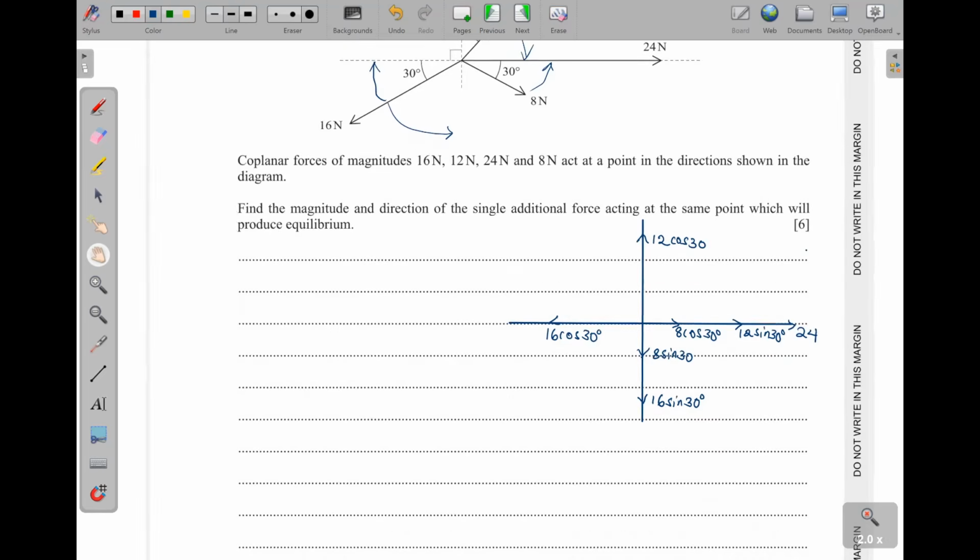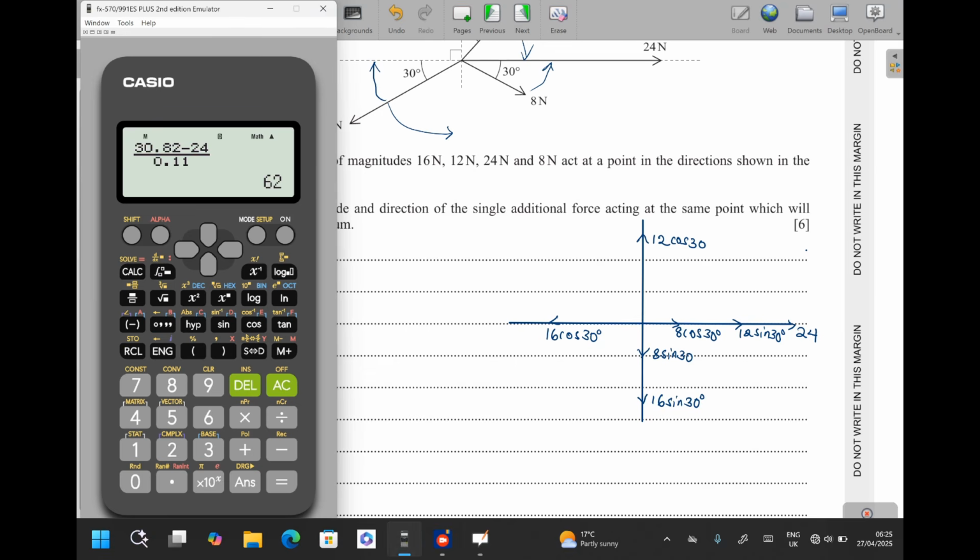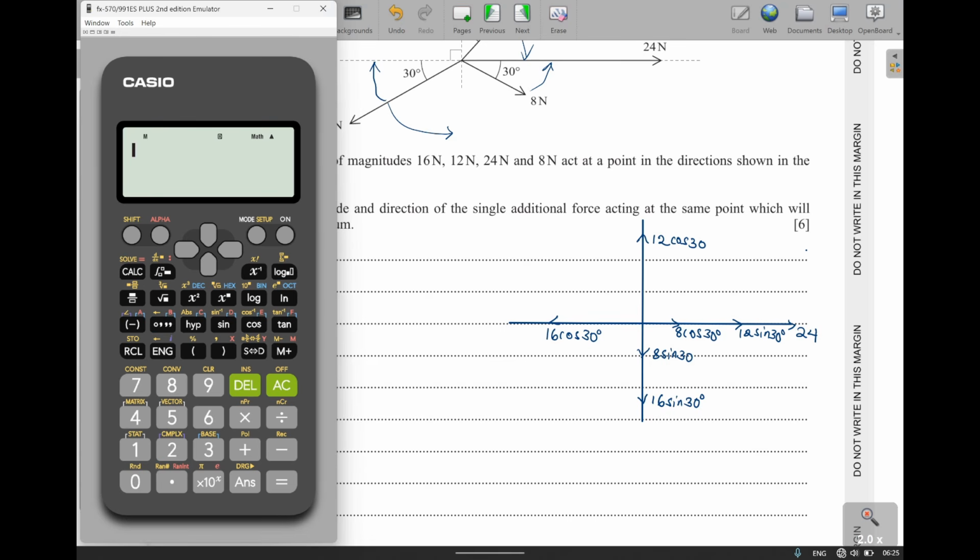Now we are supposed to find the resultant of these forces. So resolving the resultant force, let me put in our calculator the horizontal forces here, 16 cos 30. Is it bigger than the other ones?